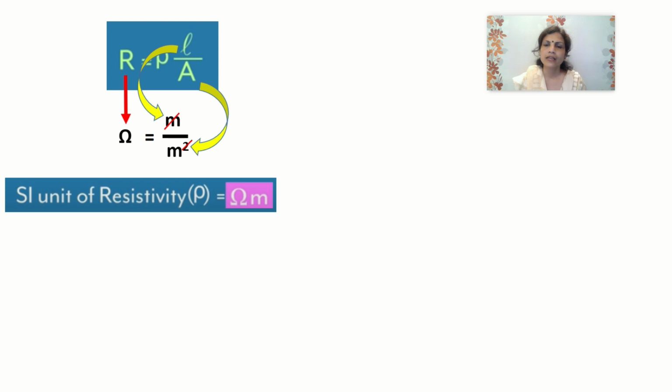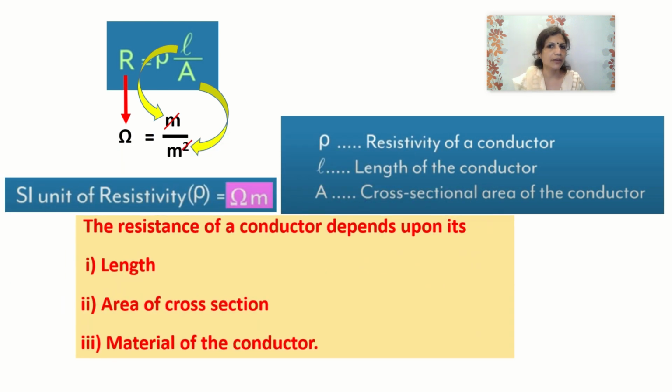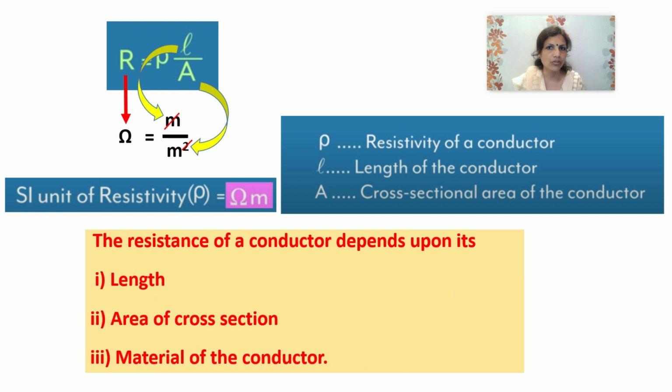So in the formula, rho stands for the resistivity of the conductor, L is the length of the conductor, and A is the area of cross section of the conductor. From all the activity we have discussed, we can conclude that the resistance of the conductor depends upon the length of the conductor, the area of cross section of the conductor, and the material of the conductor.